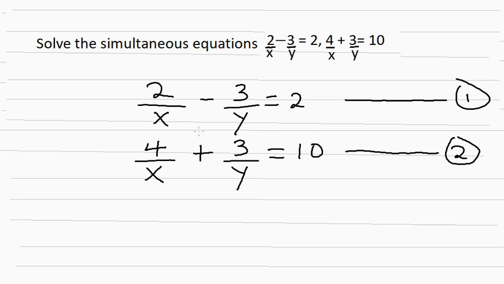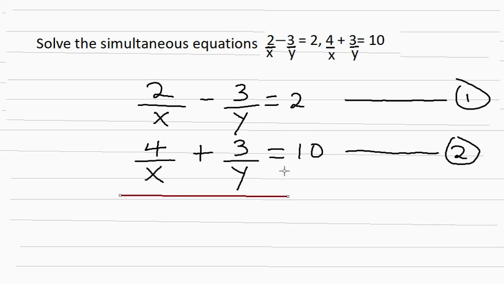But that will not be necessary because I can see that in equation 1 and 2, I'm having almost the same expression for y. In equation 1, I have 3 all over y, and in equation 2, I have 3 all over y. So it is very easy for me to eliminate y. The only way to eliminate y now is to add.